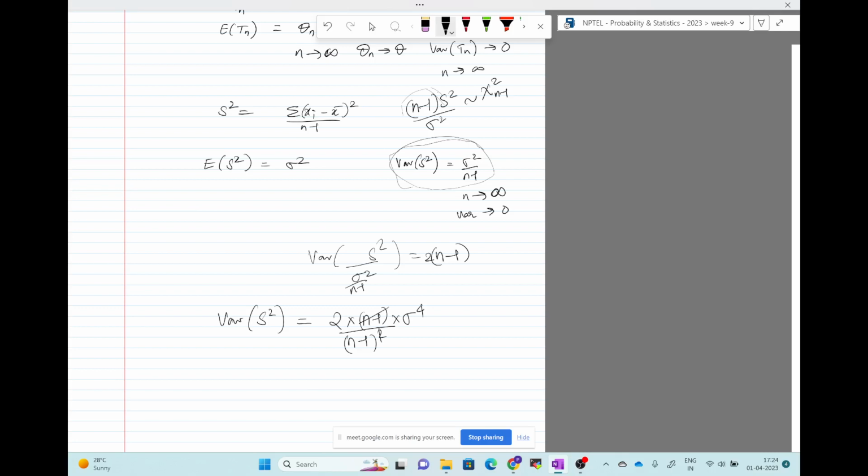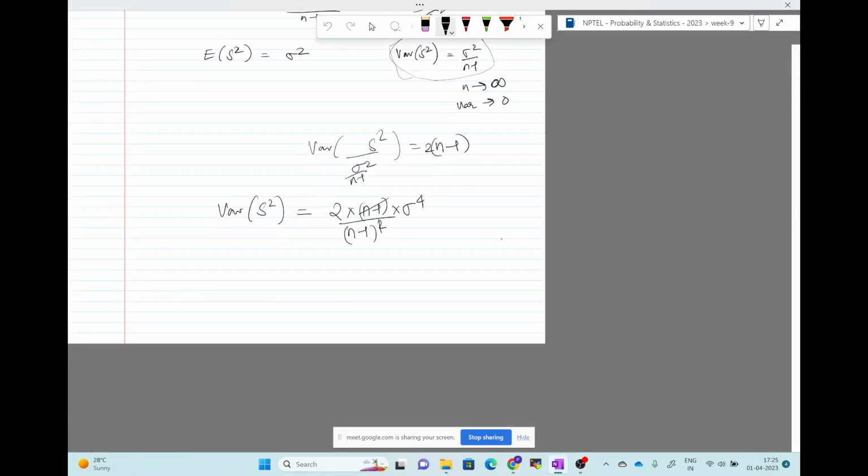Say the variance of x by a, if we take, it will be 1 by a square into variance of x, right?